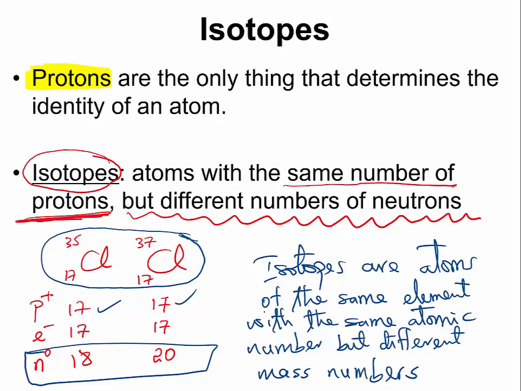Because if you take a look at it, these two isotopes have the same atomic number, the same number of protons, but they have different mass numbers. And the different mass numbers is why they have different numbers of neutrons in them.